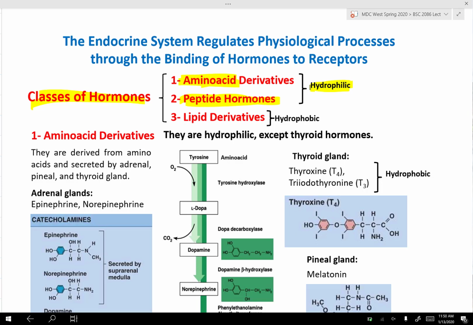Now, on the classes of hormones, we have lipids. Have you ever seen a soup with fat? These lumps of fat always stay on the top of the soup when you cool it down, and that's because lipids are hydrophobic. They do not dissolve in water. So hormones, apart from having a structure, we also have to look at their solubility in water.